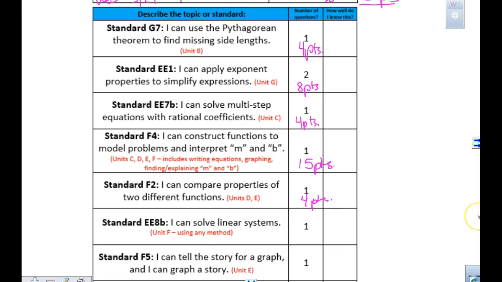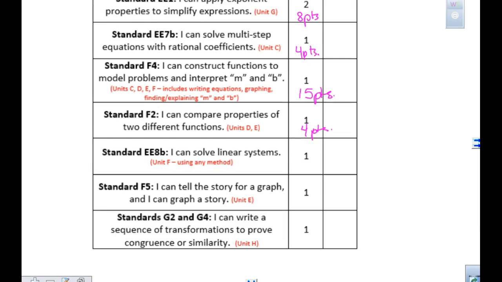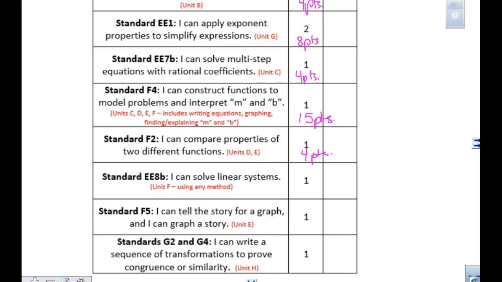Solving a linear system. And notice it says you can use any method when you're doing that. This could be graphing, this could be elimination, or it could be substitution. This is where you are trying to find the x and the y.